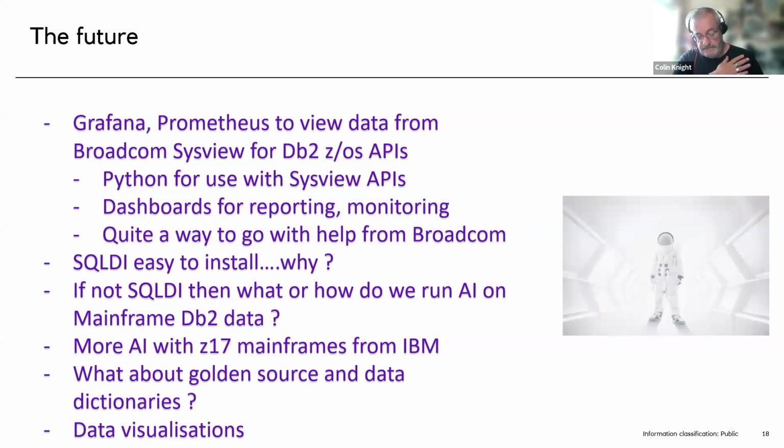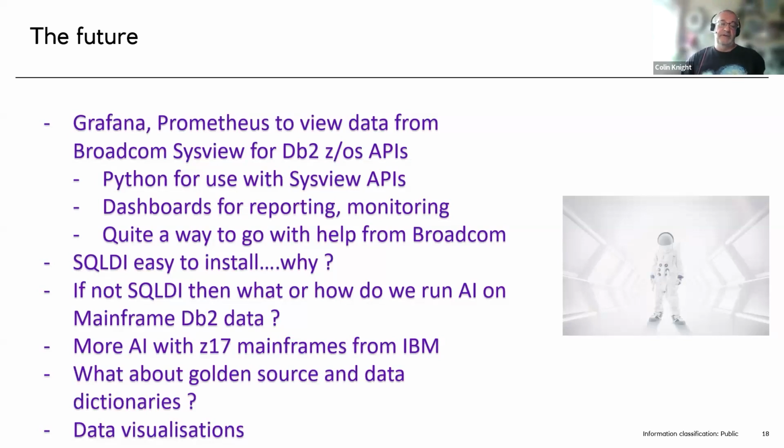SQL DI, yes, I think that should be easy to install, but it isn't, so I'm not sure why. But if we don't use SQL DI, we still have AI acceleration on mainframe data via the Z17 coming in very soon to most shops on mainframes. So there's going to be more AI, and that's definitely going to influence how we do analytics on big data.